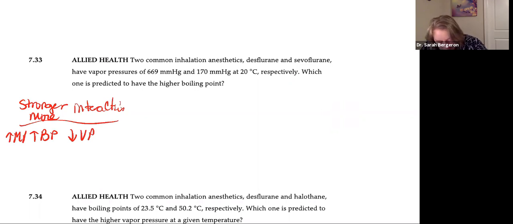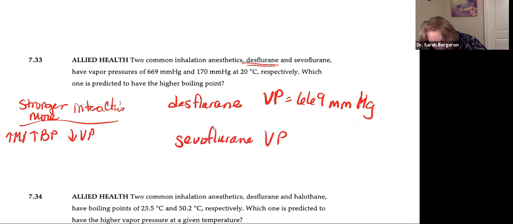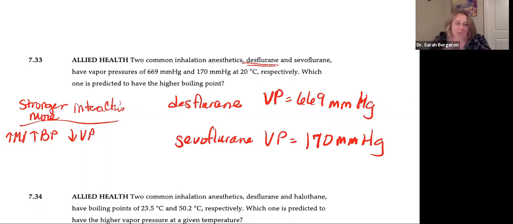They told us that our first one, desflurane, has a vapor pressure equal to 669 millimeters mercury. Then our other one has a vapor pressure of 170 millimeters mercury. All right, so now we kind of have to think backwards just a little bit.